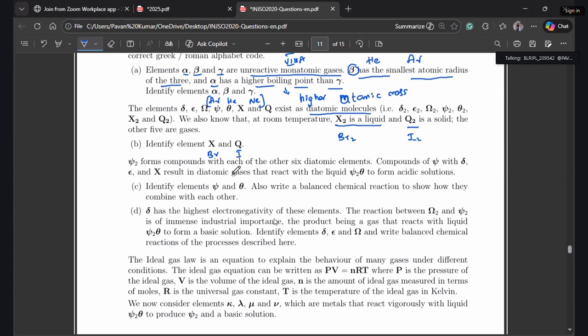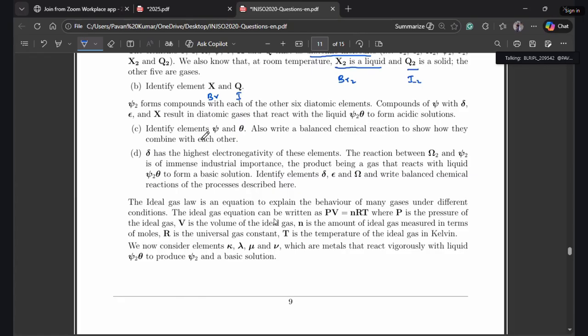Next, they gave other hints also, but we can easily find them out. Anyway, the next question is: XY2 forms compounds with each of the other 6 diatomic molecules. Compounds of XY2 with delta, epsilon, and X result in diatomic gases that react with the liquid XY2 theta.